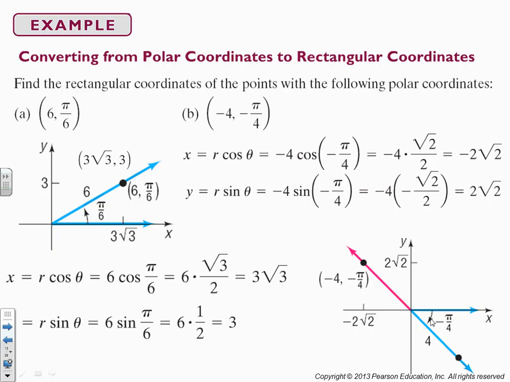So sine in quadrant 4 is negative, so we get -root 2 over 2. We multiply that by -4 and we get 2 root 2. So our rectangular coordinate that matches up with -4 comma -pi over 4 is -2 root 2 comma 2 root 2.